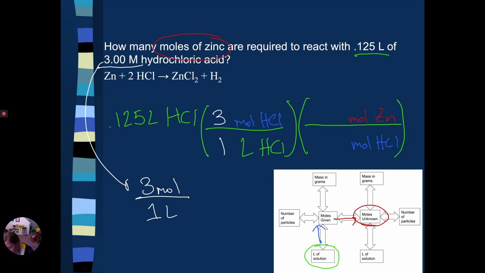Okay, the mole to mole relationship, so right here on our map, that's connected through the balanced equation. So the balanced equation tells us that we have 1 zinc for every 2 HCl's. Okay, when I plug that into my calculator, I got 0.19 mole of zinc. Oh, that is a lovely decimal point.